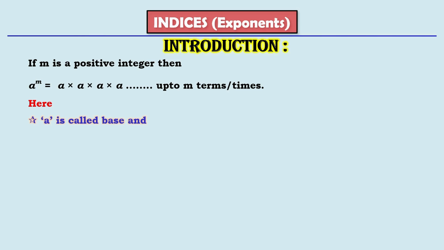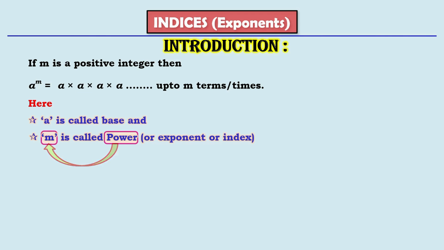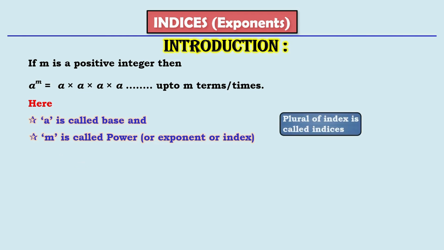Here a is called the base and m is called the power or exponent or index. The plural of index is also indices, so we can interchangeably use the term indices or exponents.